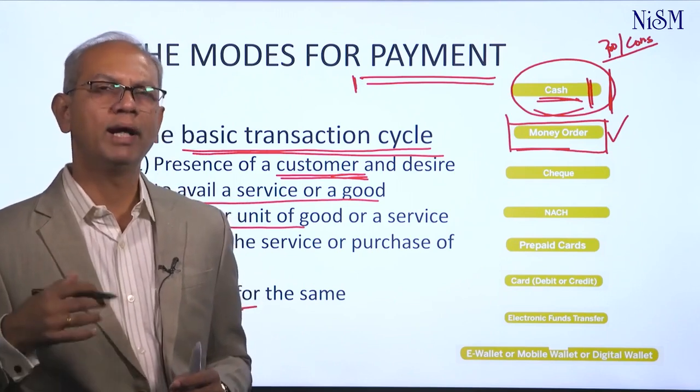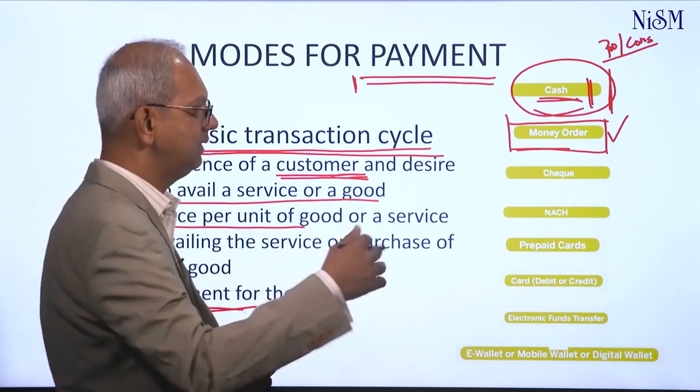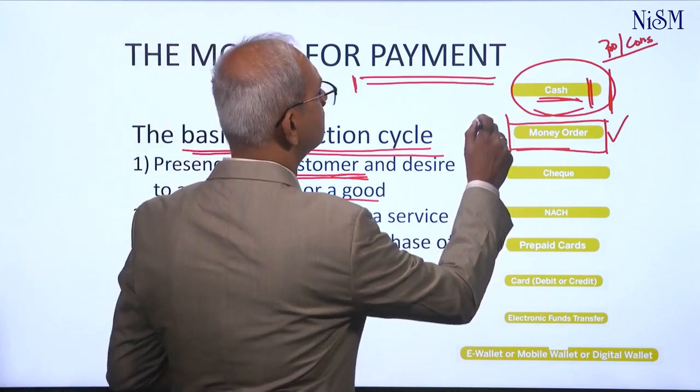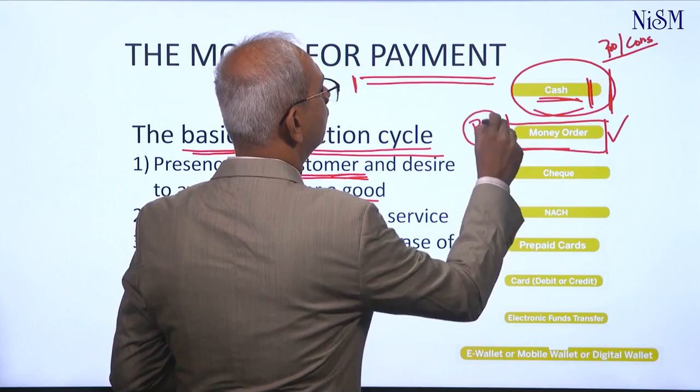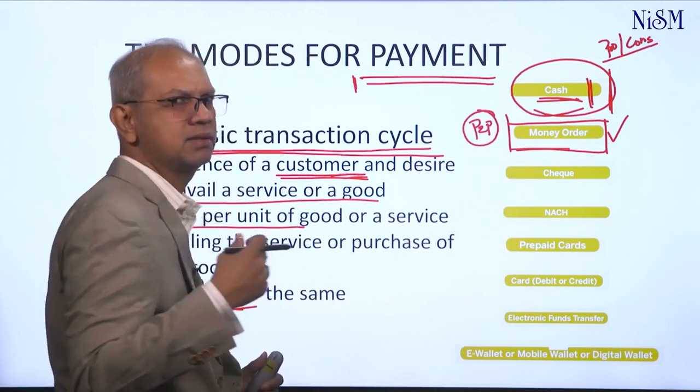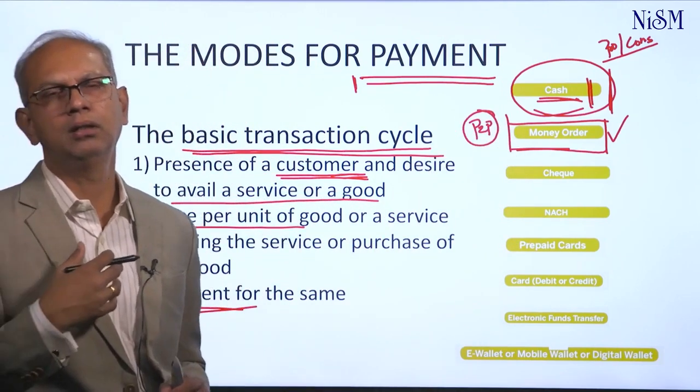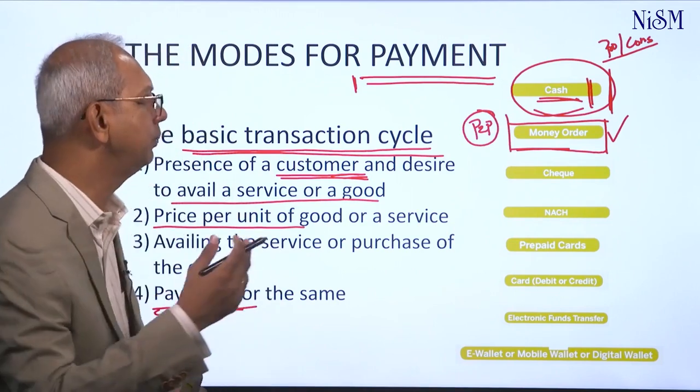Money order was also widely used for peer-to-peer, and we'll see how this concept has changed in the current scenario. What do we mean by peer-to-peer? Sending money from one person to another.